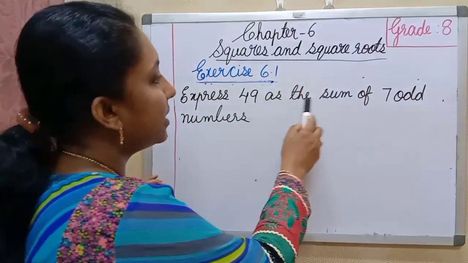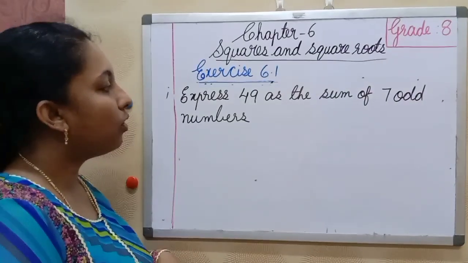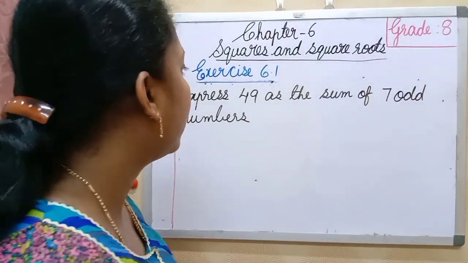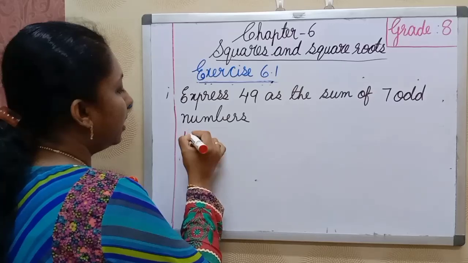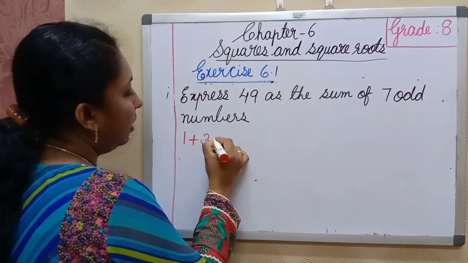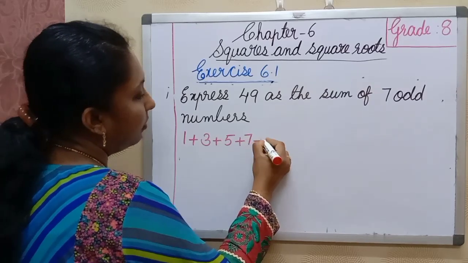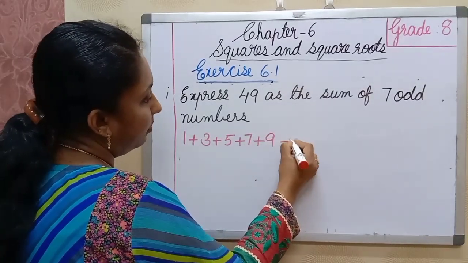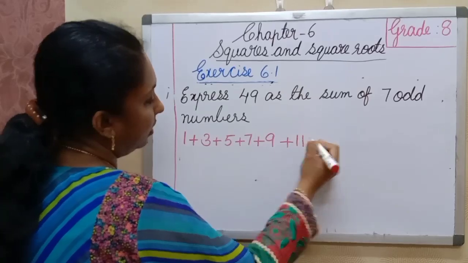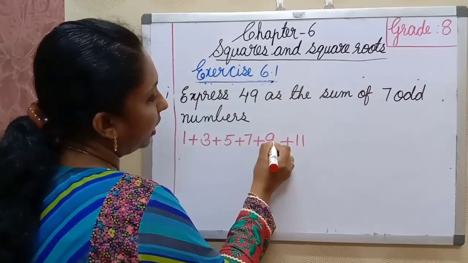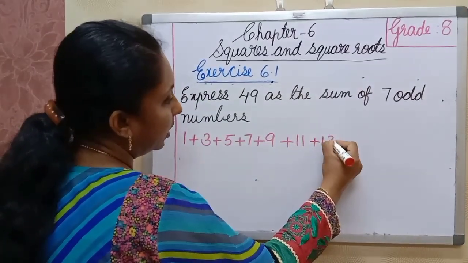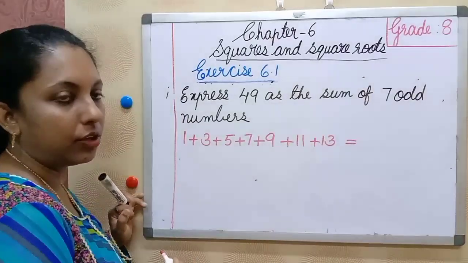Express 49 as the sum of 7 odd numbers. The first odd numbers are 1 plus 3 plus 5 plus 7 plus 9 plus 11, 1, 2, 3, 4, 5, 6. One more needed. 13. You can check.